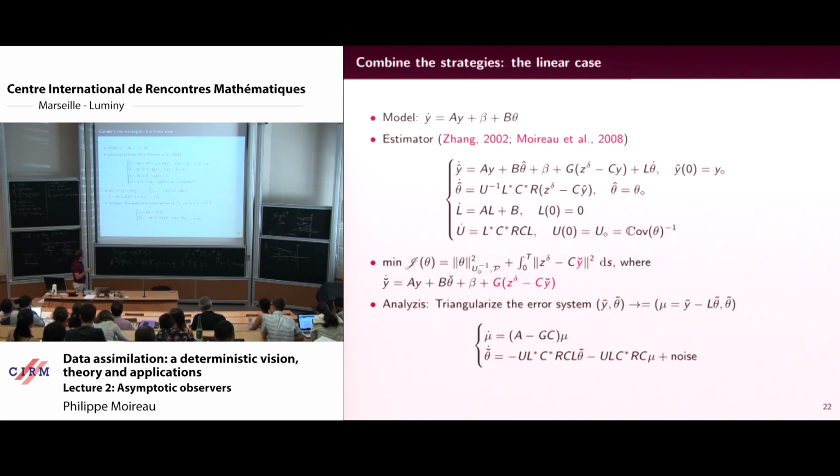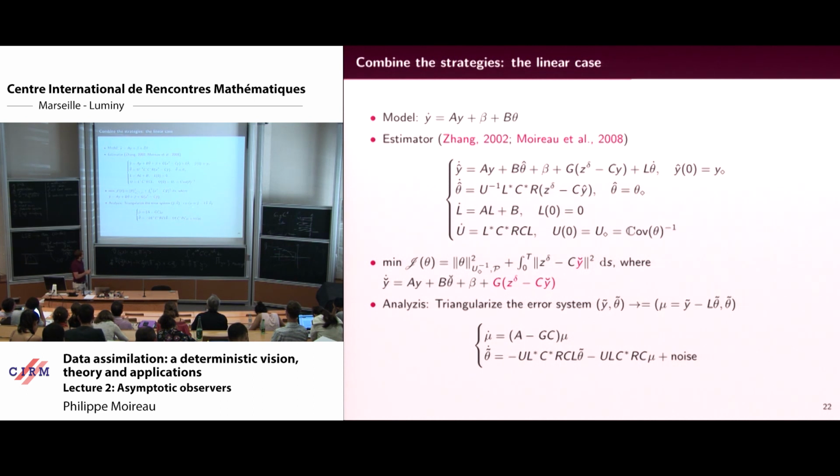So basically, in order to prove that this estimator, which combines Luenberger for the state and reduced order Kalman for the parameters, works, what you do is that, again, you compute the error of the system. You do a quite nice change of variable, and you find that the error is related to this system. Okay, so if this system goes to 0, then it proves that my estimator is good.